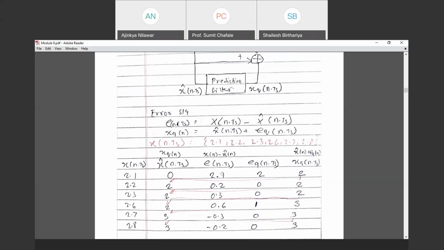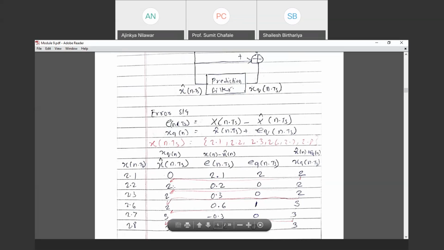Since 0.1 is there, we consider only 2. If it is more than 0.5, that means the threshold is crossed, then we increase the bit. So since it is 2.1, the quantization level is 2, and the final output XQ of t is 2. This 2 is the input for the next step, right?